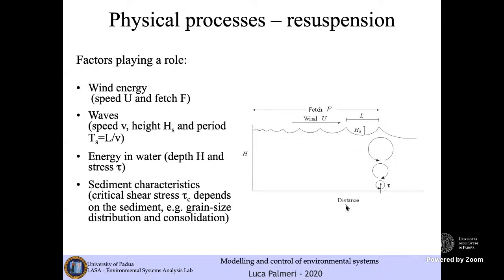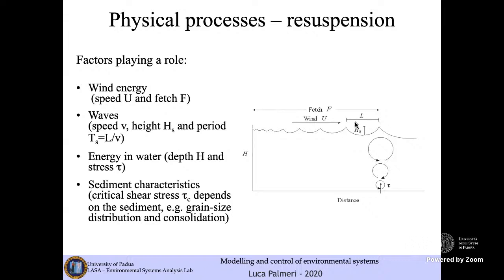So we may understand this representation by, for example, describing what happens on the surface of a water body in terms of the distance from the border of the water body, so from where the wind starts to blow. So we may have a representation in which we have starting formation of waves.